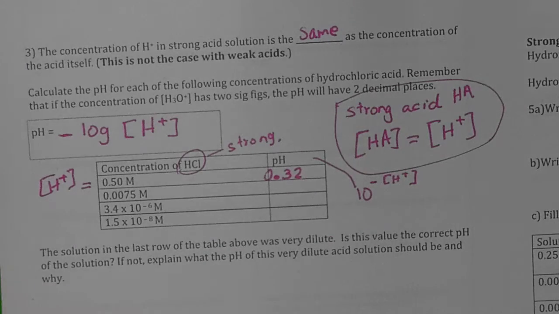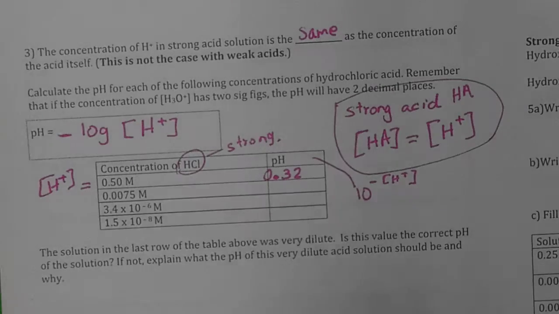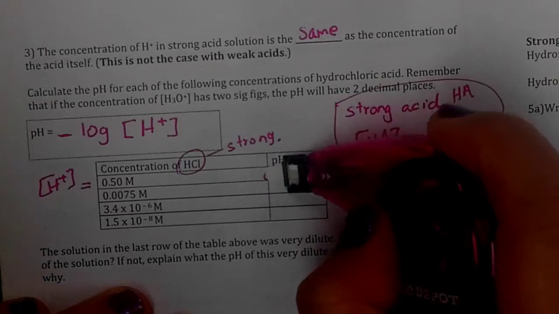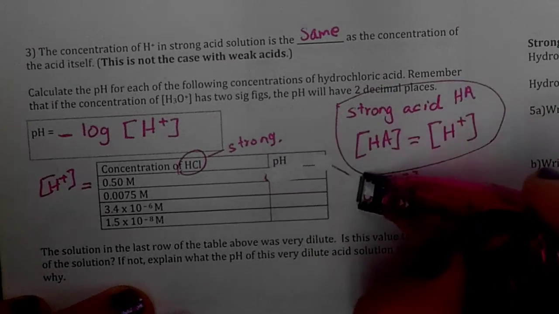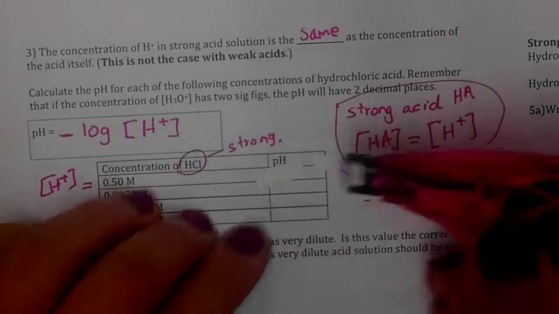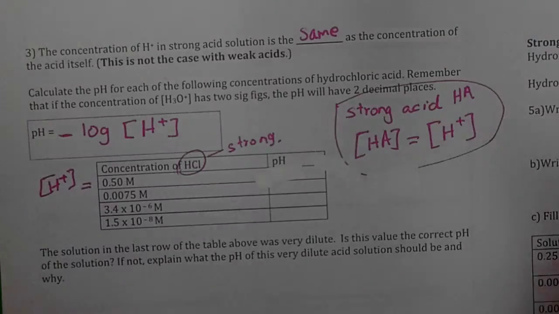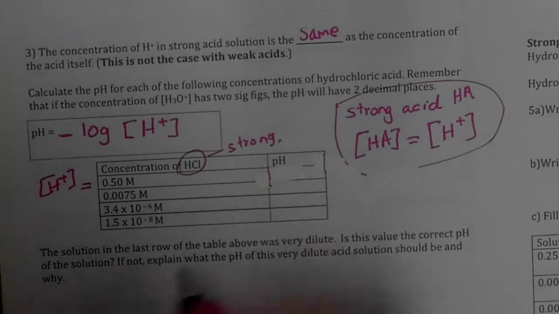Wait, no. We were doing it right. Oh, shoot. Backward. We're finding pH. I'm doing the other guide. Oopsie. Yeah, we're doing it right, and I'm like, hold on. Sorry. I'm getting you guys lost.